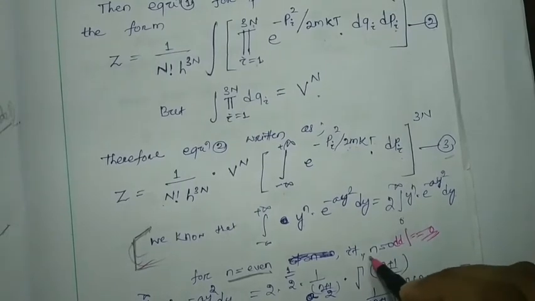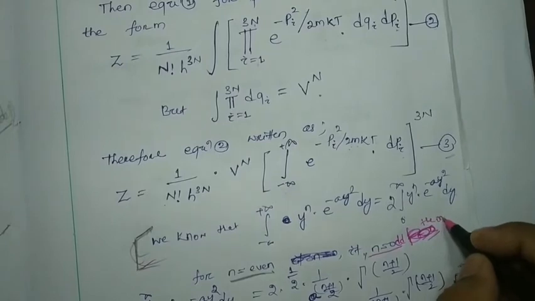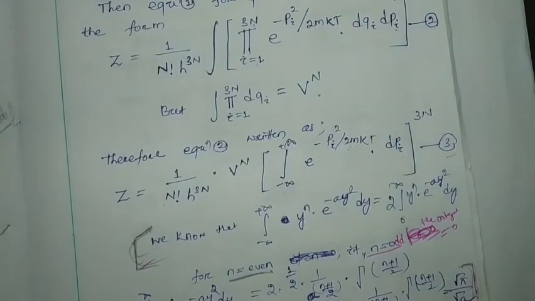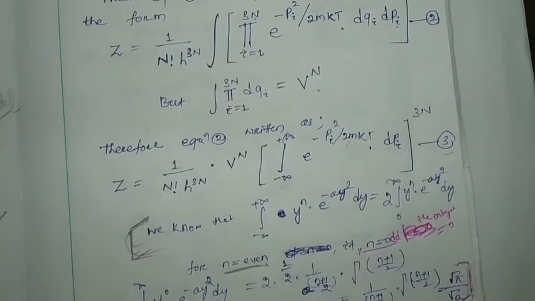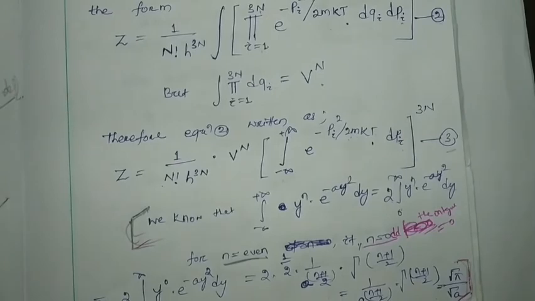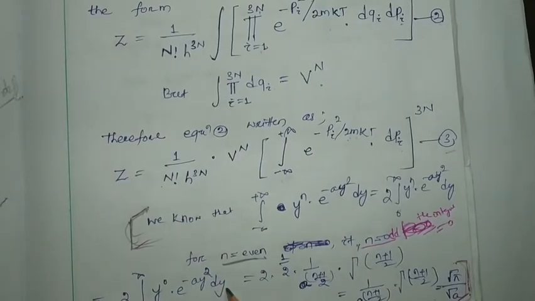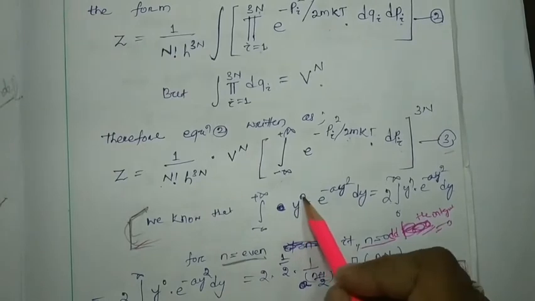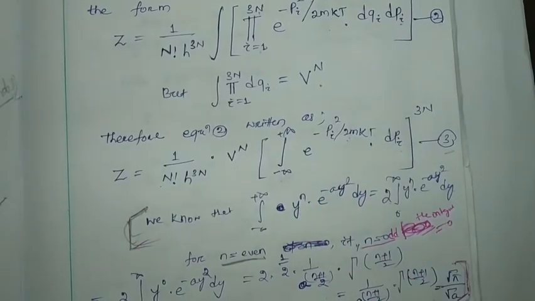Here we have to consider n equal to 0. n equal to 0 means it is even, and 0 is considered an even number.